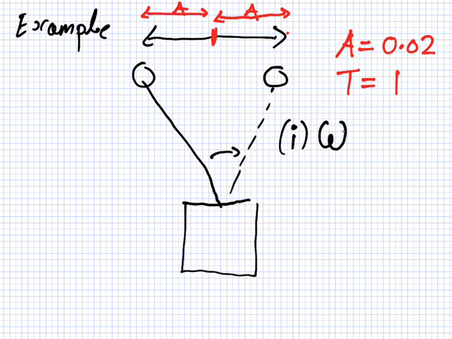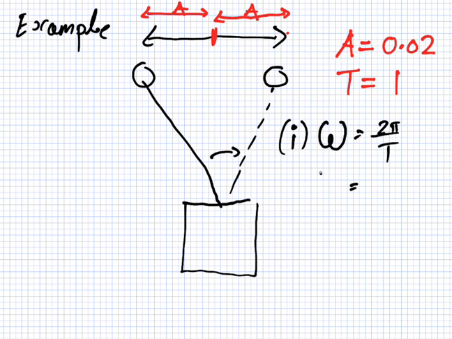Okay, so what do we get for omega? Do you know? Well, firstly, which formula do you think you need to use? Everybody have a look. Can you see which one to use for omega? Yeah, 2 pi over omega. So you could say that omega equals 2 pi over T if you switch them.